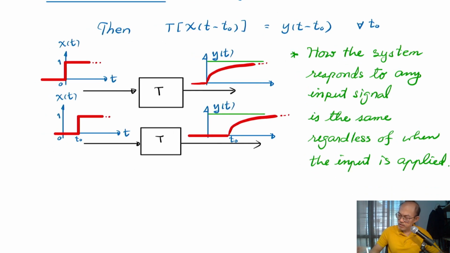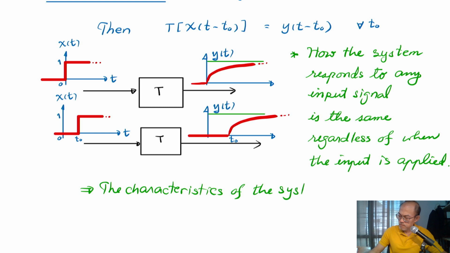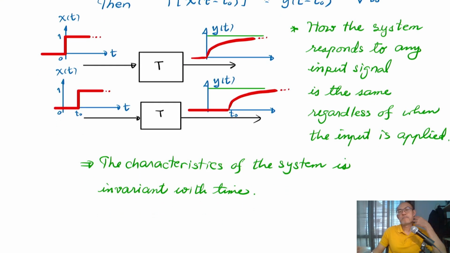So the characteristic of the system doesn't change with time, it is invariant to time change. Invariant means doesn't change. Okay, all right.